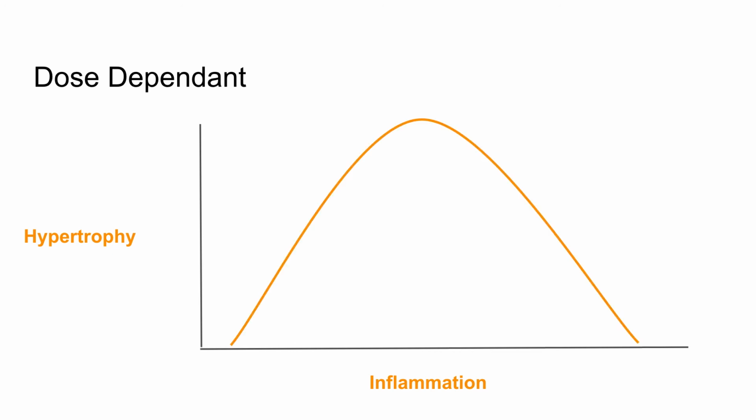This means that too little or too much inflammation can yield no hypertrophy, which brings us back to the topic of volume. One of the biggest mistakes that trainees make is having too little or way too much volume. The goal is to have just enough damage to create the appropriate amount of inflammation without overdoing it.